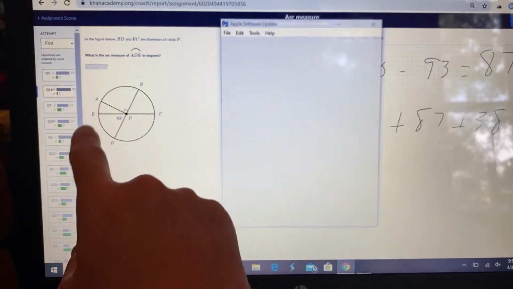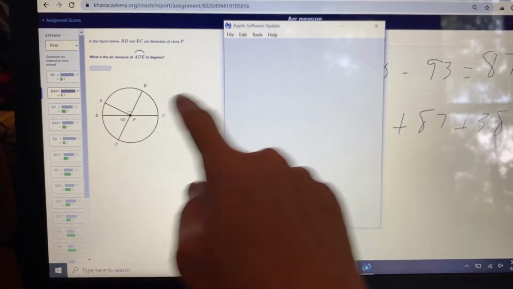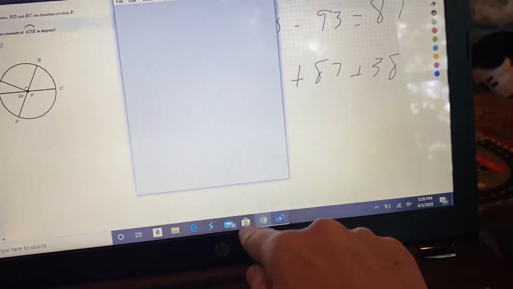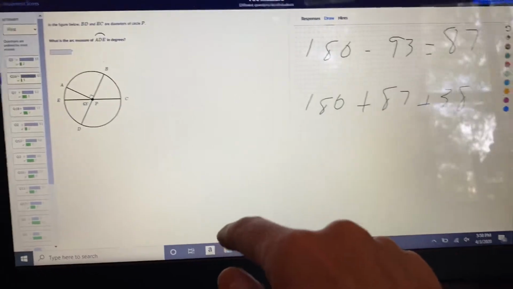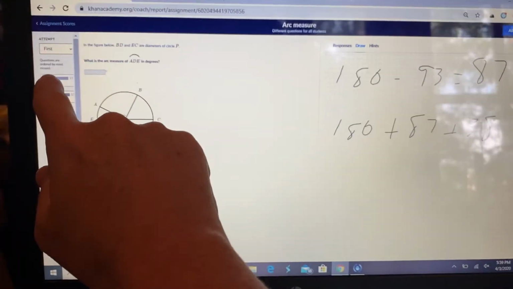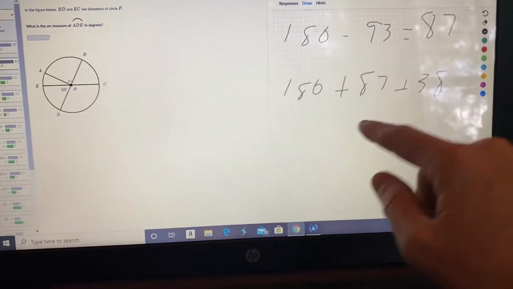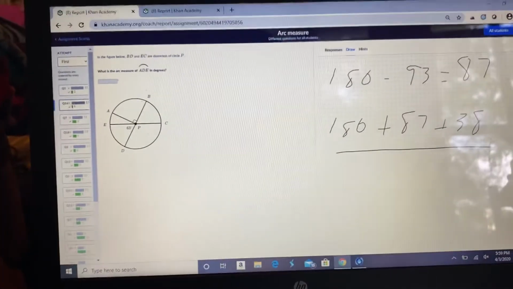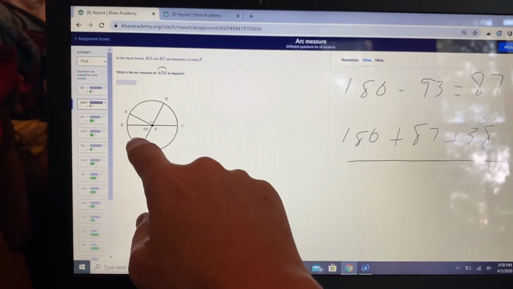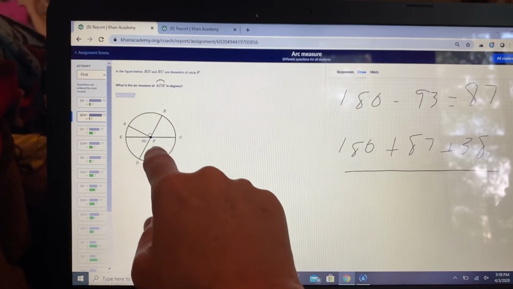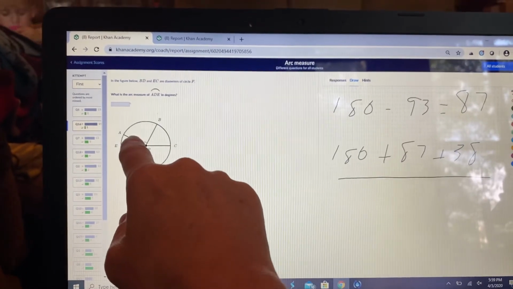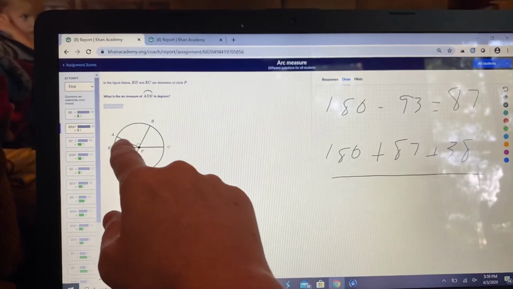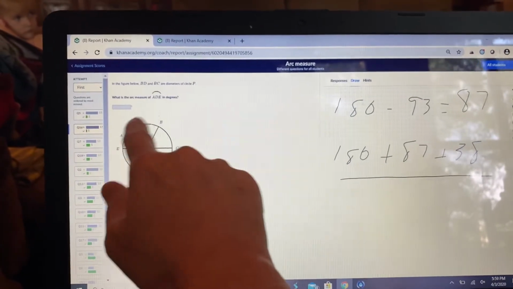What about A to D to E? Now it does include this right angle. So if I can get my Apple software to shrink down. What we're going to do on this one is, since we want A to D to E, I'm going to find this P first. I think the easiest thing to do is, okay, this whole thing is 180 up here.